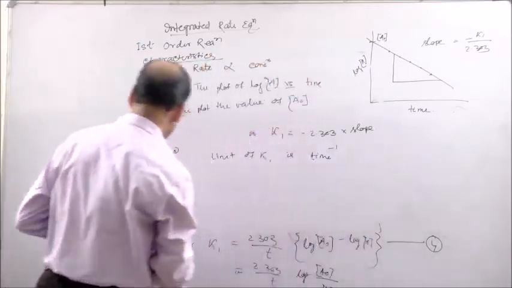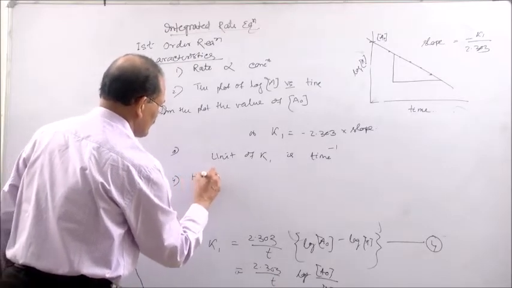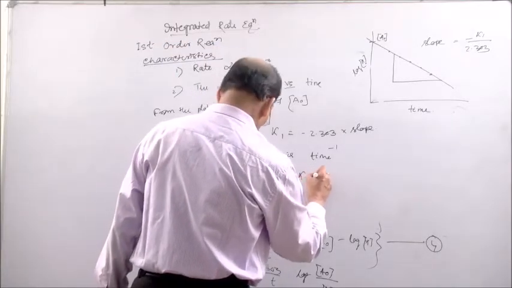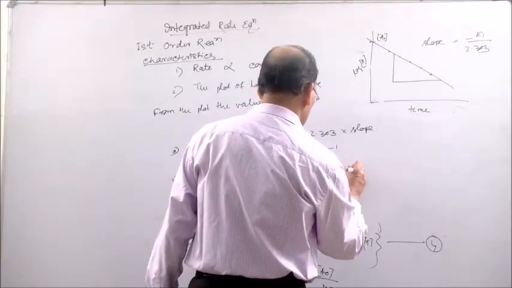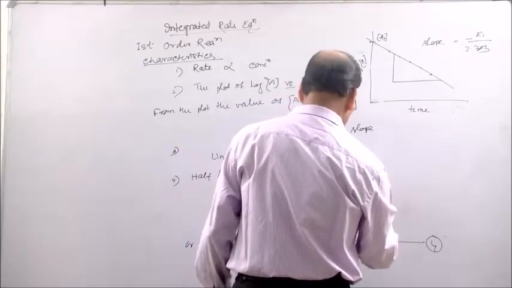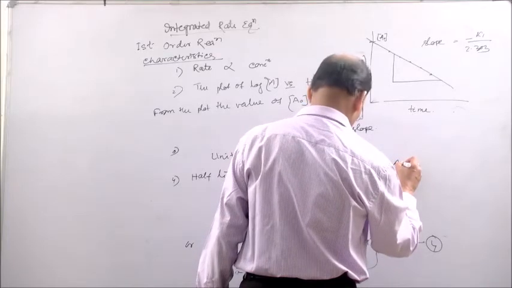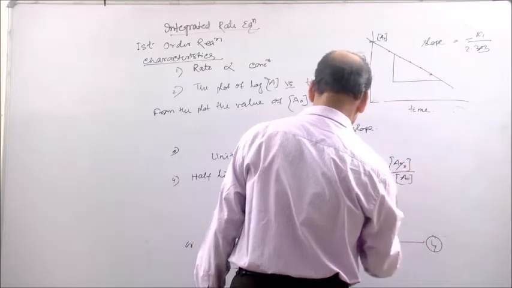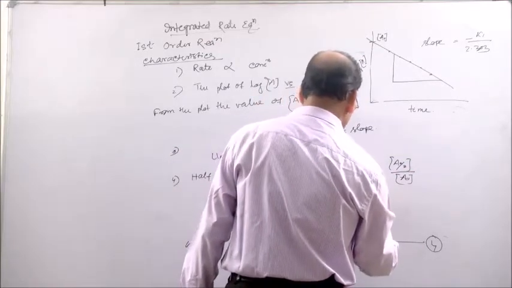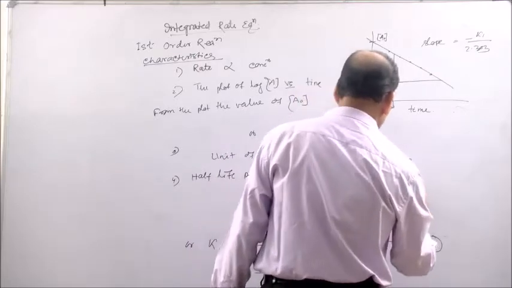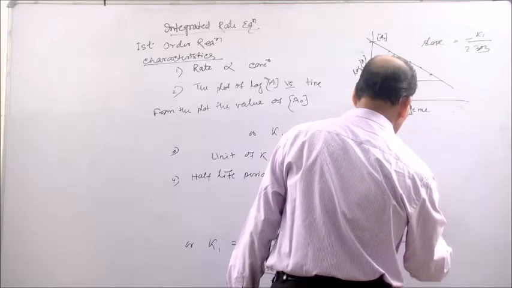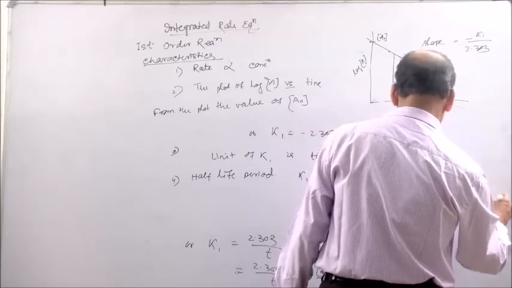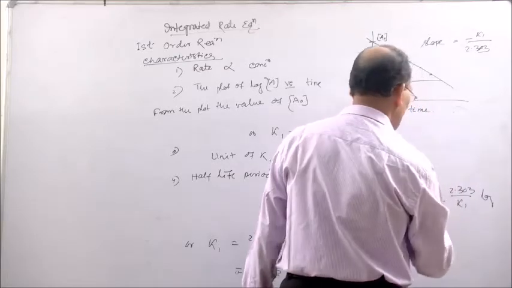Another case, half life period. Considering the half life period, K1 is equal to 2.303 by t half log A0 by A0 by 2, or t half equal to 2.303 by K1 log 2.